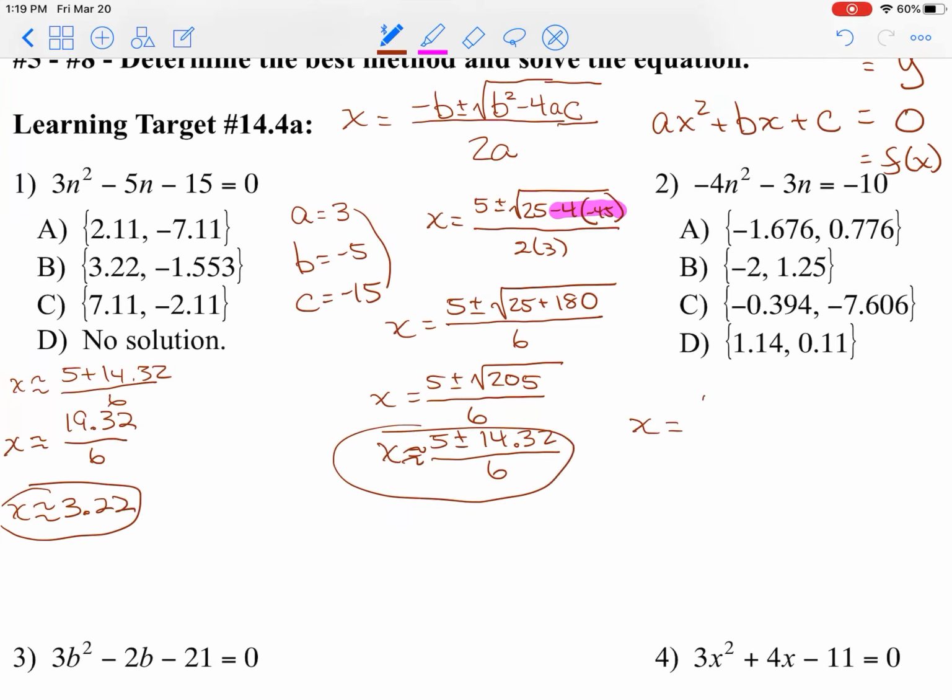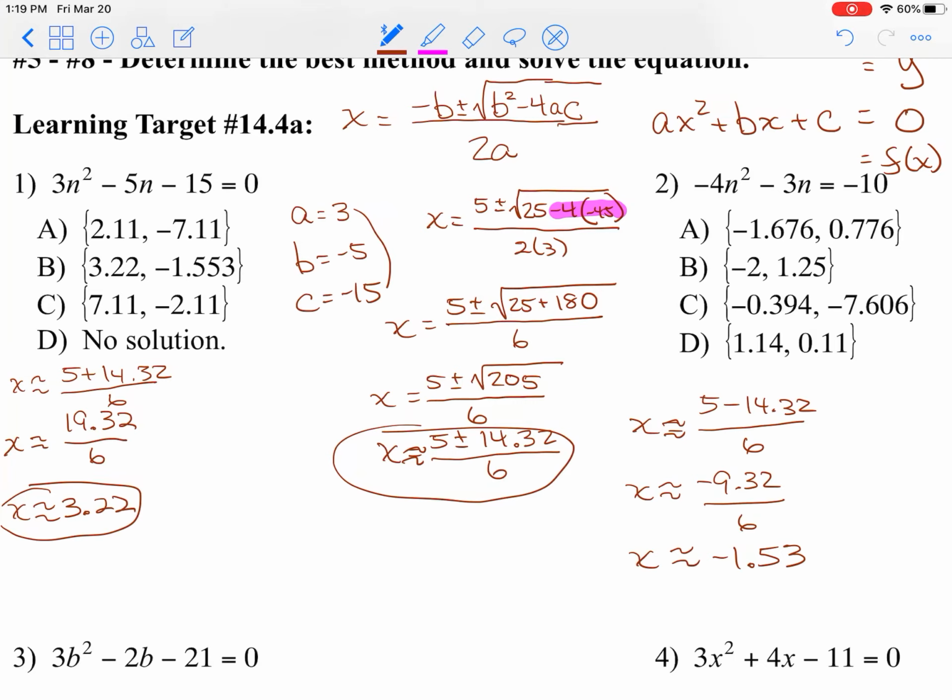So over here I'm going to do 5 minus 14.32 over 6, approximately. So 5 take away 14.32 is -9.32 divided by 6. And -9.32 divided by 6 is -1.53, and the 3's repeat.